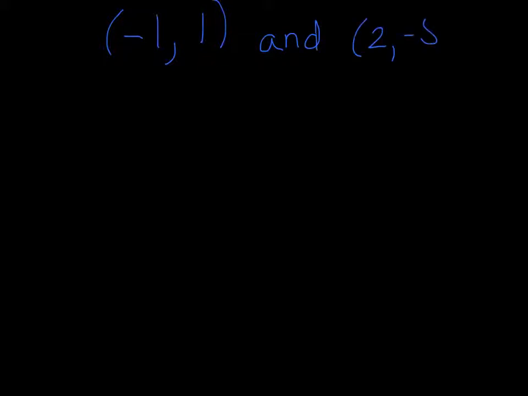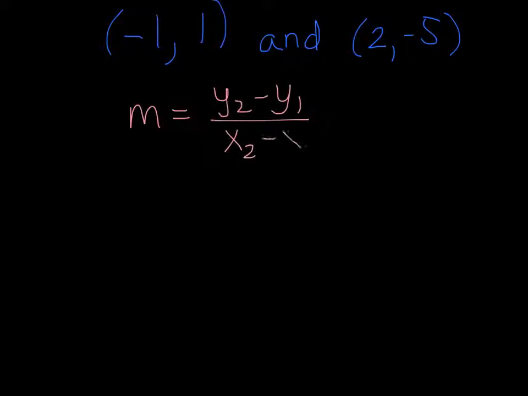Let's try an example. I want to find the slope of a line that goes through the points negative 1, 1 and 2, negative 5. I'm going to plug into my formula, which is y2 minus y1 over x2 minus x1.